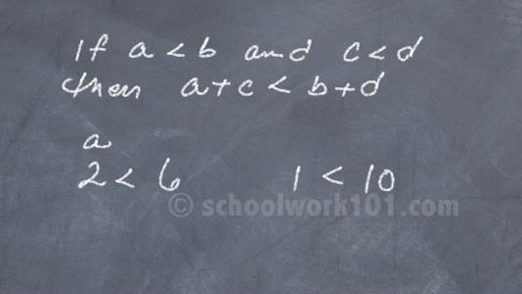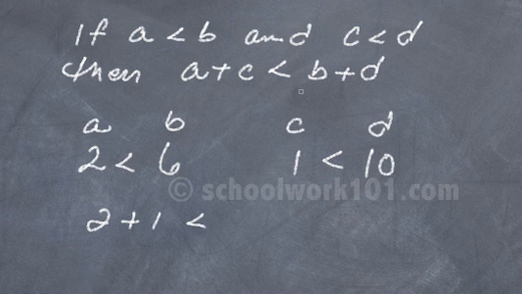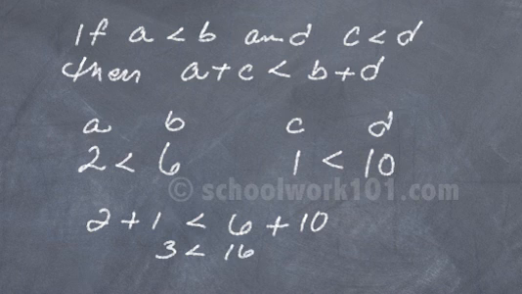So this is my A, this is my B, C, and D. Then it must follow that A plus C, so that would be 2 plus 1, should be less than B plus D, which is 6 plus 10. And of course that's 3 is less than 16.